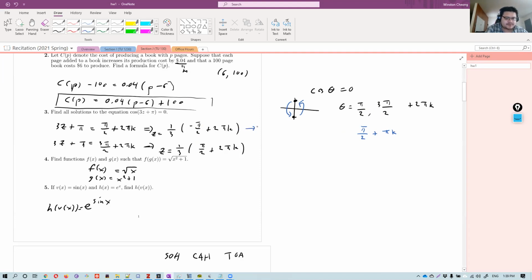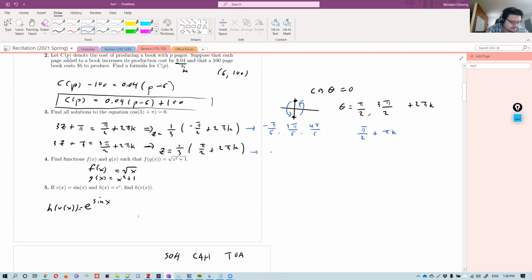So if we list out the things in this expression, take k equals 0, k equals 1, 2, just plug in, and you end up getting negative pi over 6, 3 pi over 6, 7 pi over 6.